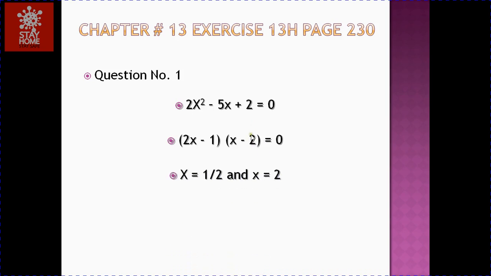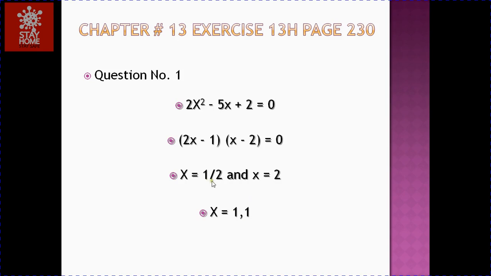So when you solve this for x, very simple: 2x minus 1 equals 0 and x minus 2 equals 0. This minus 1 comes here to become positive and this 2 will be in the division. When you bring this minus 2 to the other side, it will become positive. So these are the two answers.